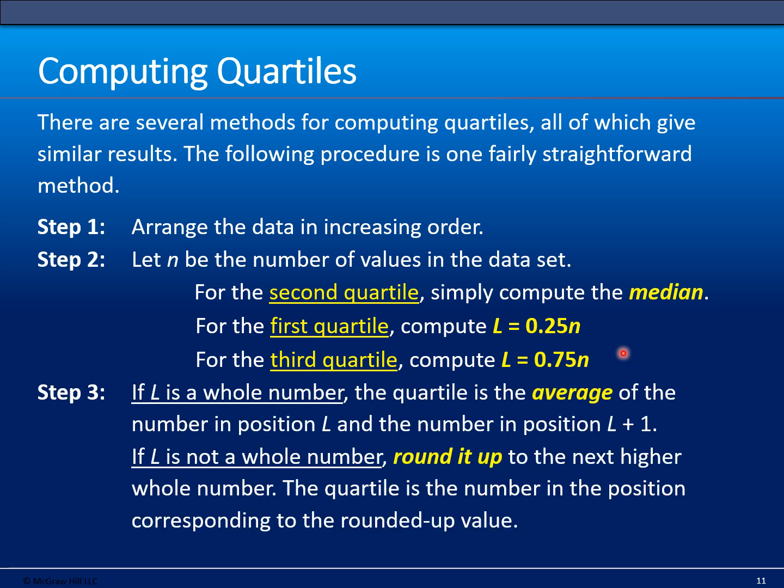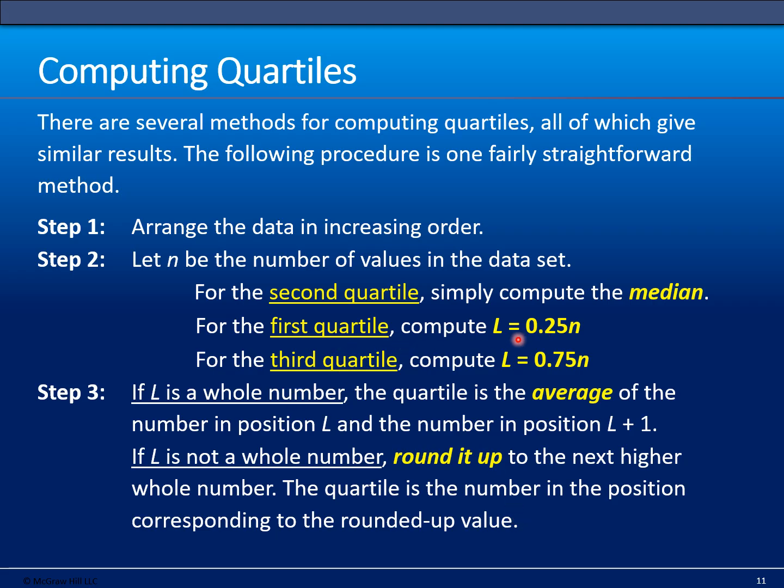Now, similarly with the median, if L is a whole number, the quartile is the average of the number in the L position and the number in the L plus 1 position. So it's a little bit of a reverse from what you might think. If L is not a whole number, we round it up to the next whole number, and the quartile is the number in the position corresponding to the rounded up value.